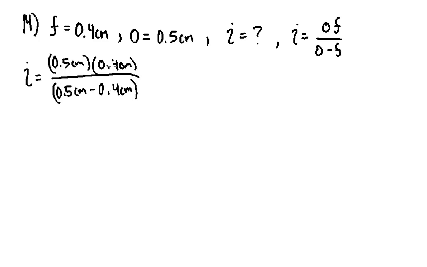All right, 0.5 times 0.4, 5 times 4 is 20, so 0.5 times 0.4 is 0.02, or 0.2. No, 0.02.